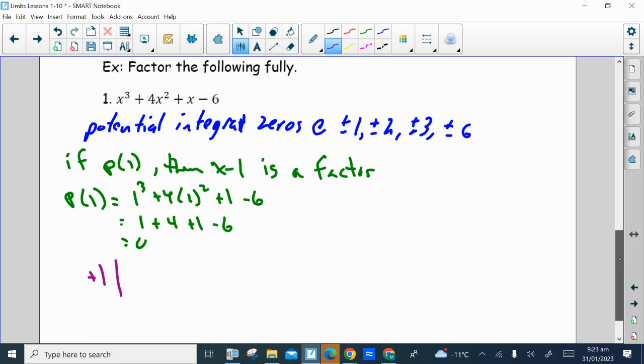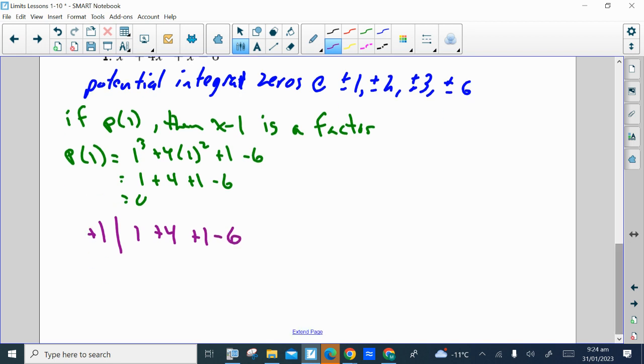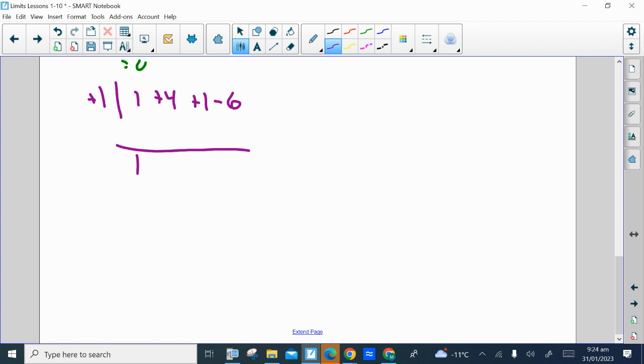And that is being divided into 1x cubed plus 4x squared plus 1x take away 6. Remember, if there's any missing powers, you have to include them with coefficients of 0, and you also need to make sure they are in order of descending power, which they are. There's no missing powers, it's in the right order. That first coefficient gets copied down, then we multiply and add.